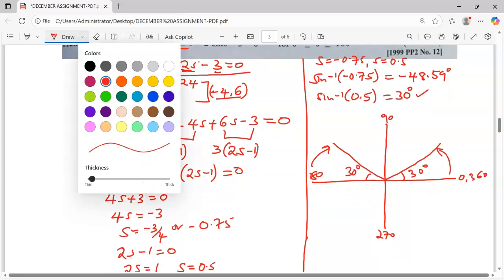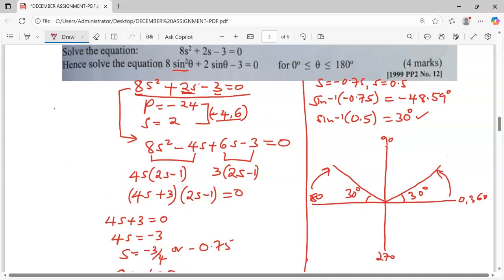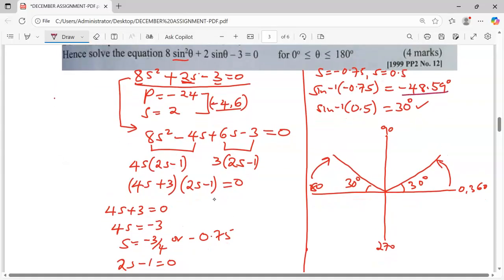Once we have done that, we are also going to measure the sine of negative 48.59. Remember, sine is positive in the first and the second quadrant. Therefore, we are going to measure that in the third quadrant where sine is negative. So this one is going to be 48.59.